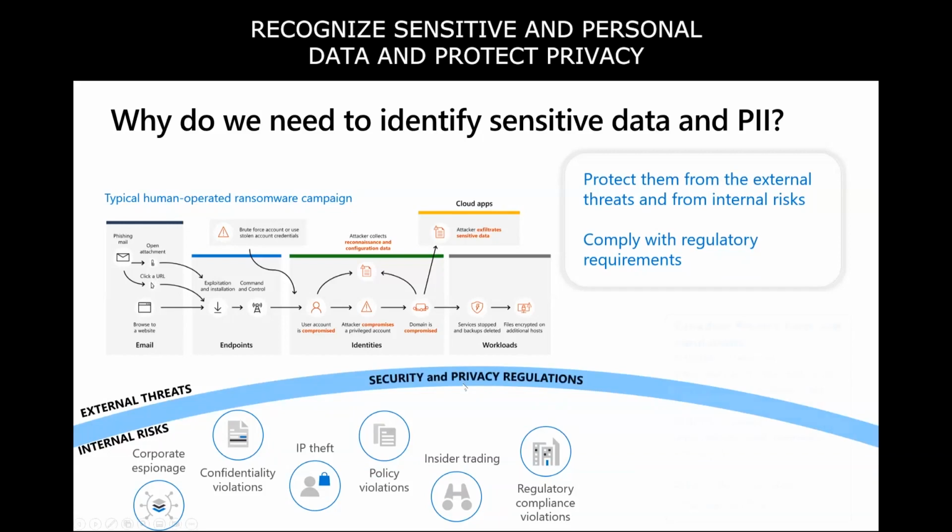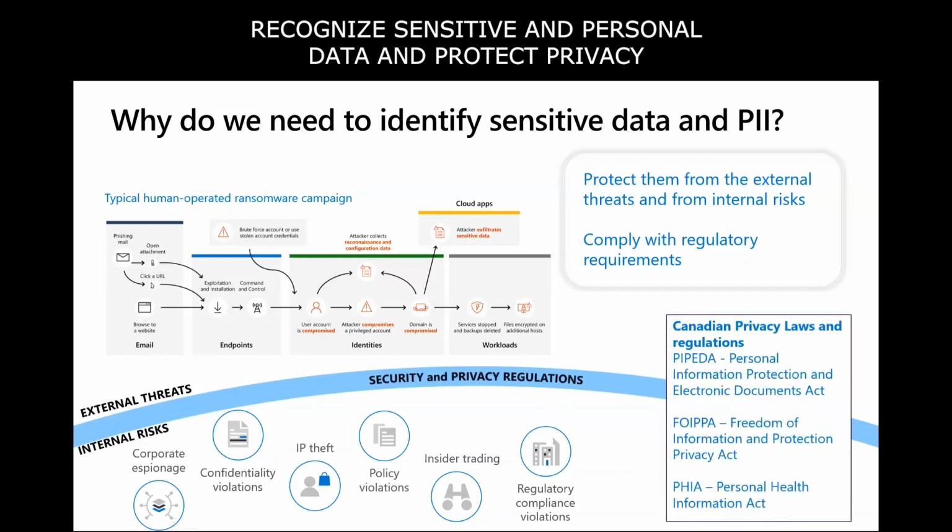But the next part is your security and privacy regulations, the obligations from a regulatory and legal perspective. In Canada, we have PIPEDA, FOIPA, and PHIA, which guide you on how to protect your personally identifiable information and, from a health industry perspective, how to protect your PHI, health information.